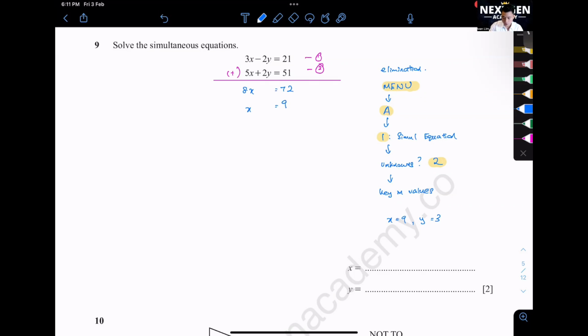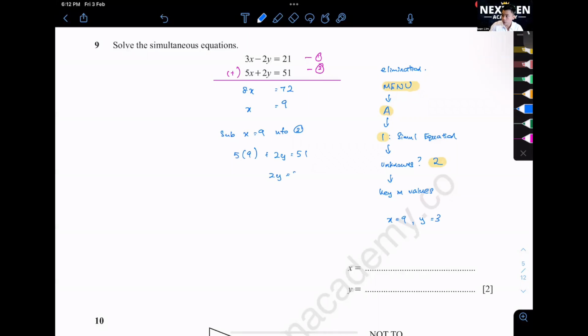But second step, you still have to do substitution. So you sub x equals 9 into equation 1 or 2. Which one will you substitute into? Actually up to you. For me, I will sub into 2, because I'm lazy to change the symbol. Subbing into 1 is also the same thing. So sub x equals 9 into 2: 5 times 9 plus 2y equals 51.